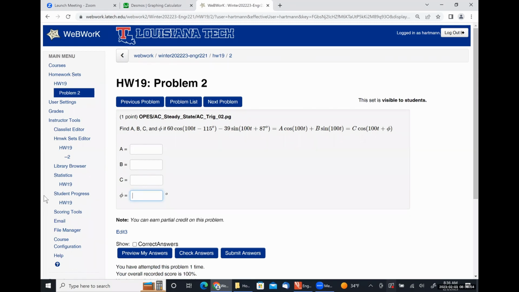60 angle negative 115 degrees minus 39 angle 87 minus 90, which is negative 3 degrees, is equal to 82.9105, and then for our phase angle, I get negative 140.8575.